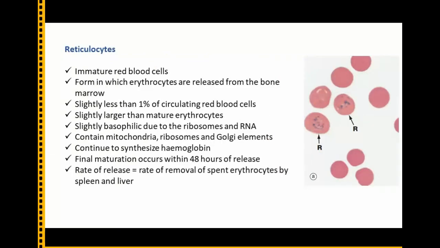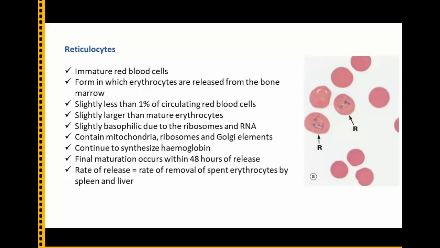Then the reticulocytes. These are immature red cells released from the bone marrow. Usually in circulating peripheral blood, it is slightly less than 1%. If in a peripheral blood film the reticulocyte count is more than 1%, it indicates some problem with your bone marrow. So reticulocyte count is an indicator for suspecting a pathology.